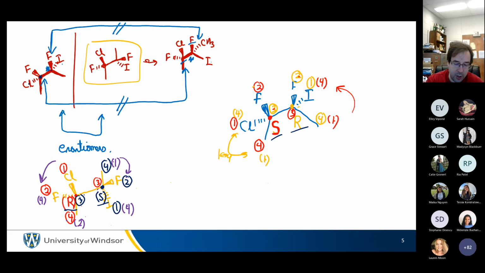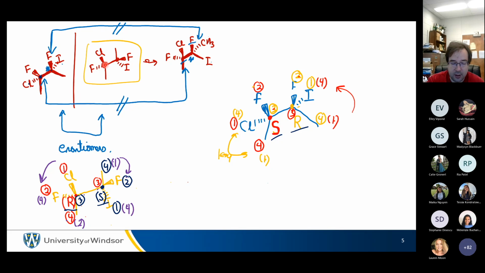Because the two stereocenters were not the same. So for this to be possibly achiral, this stereocenter would need to be attached, I'm going to go with my laser pointer, this stereocenter here would need to be attached to all the same things as this stereocenter here, because I would need to be able to superimpose the mirror image of this stereocenter onto that center.